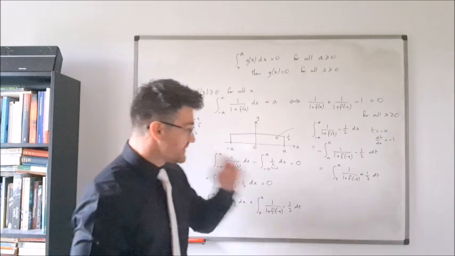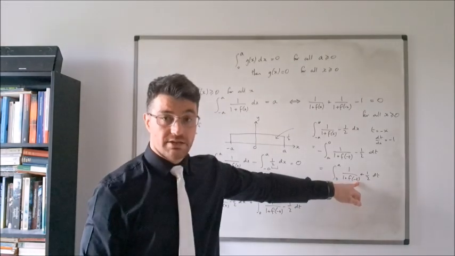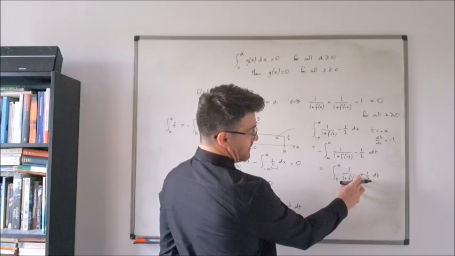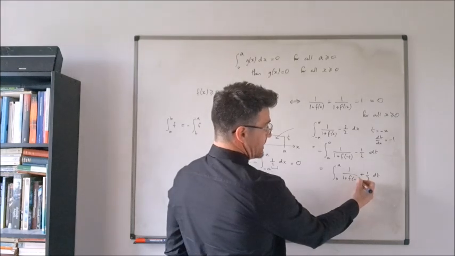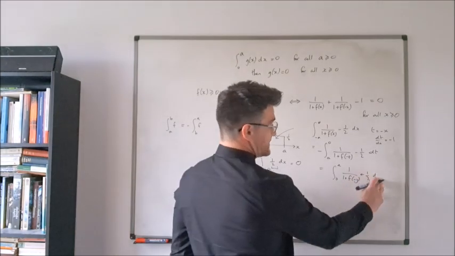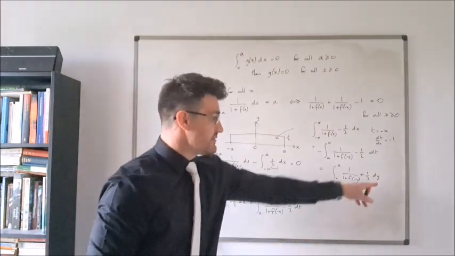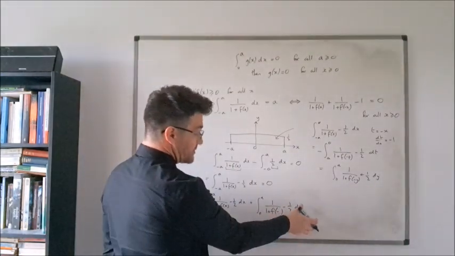It doesn't make any difference which variable I use, whether I've got t, whether I've got p, whether I've got y, as long as I change the minus t to a minus y, this means exactly the same thing. It doesn't matter what that variable is. In particular then, I could actually change this t back to an x.